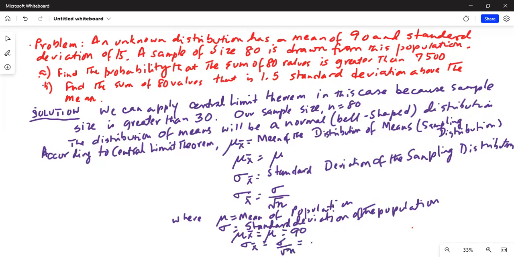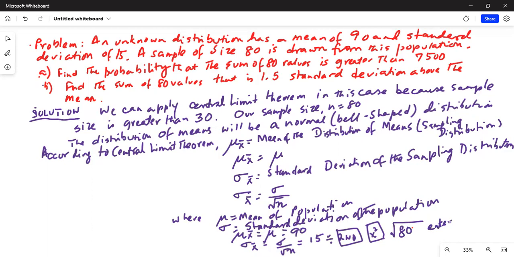Sigma is 15. In the calculator, you divide by the second button, then the x square button, which is in the first column halfway down, gives you the square root. Inside the square root, type in the sample size and enter.